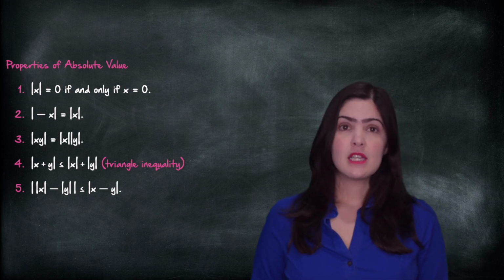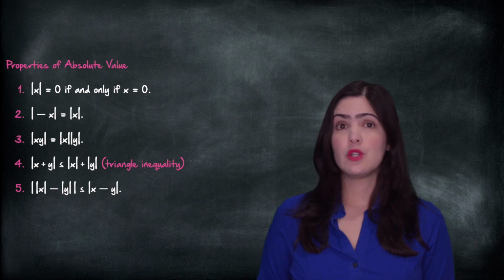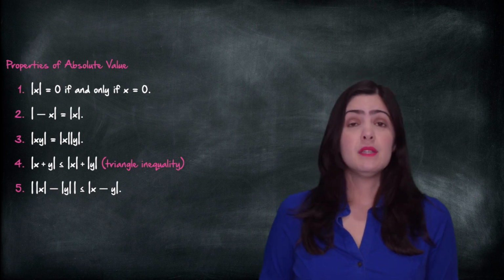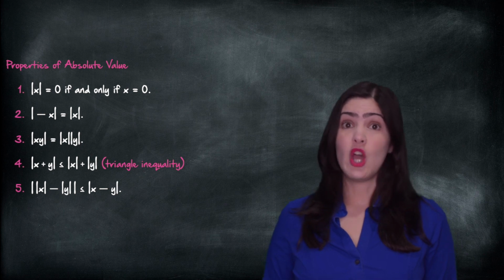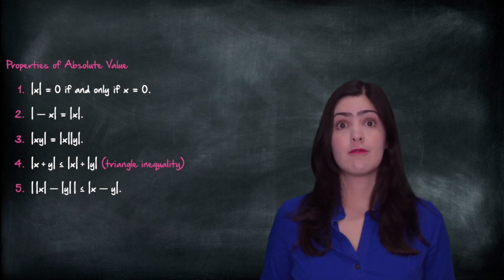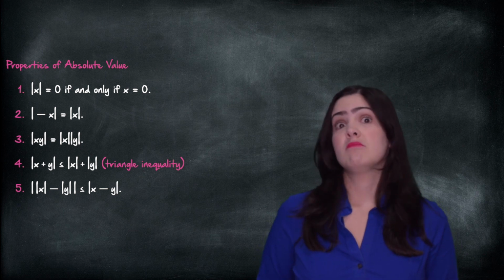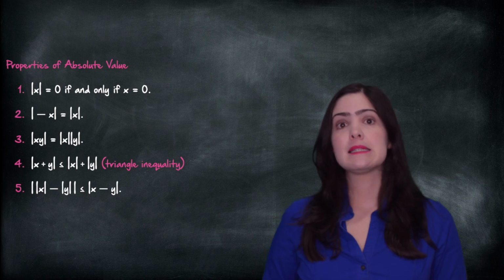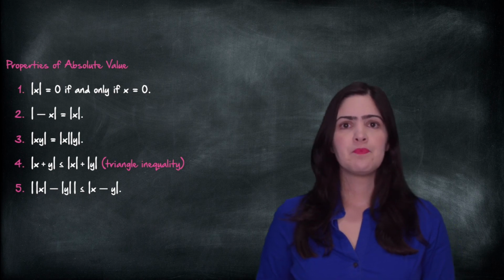The first one tells me that the absolute value of x is equal to 0 if and only if x is equal to 0. What this is telling me is that 0 is the only number whose distance from 0 is 0 itself. Makes sense. The second property tells me that the absolute value of negative x is the same as the absolute value of x.